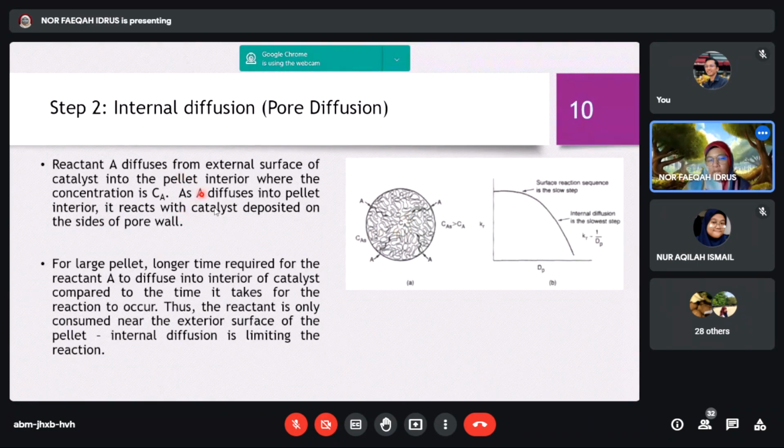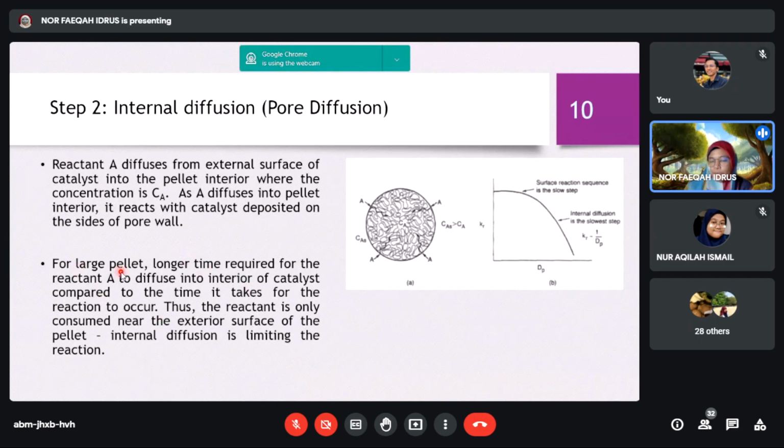Okay. As reactant A diffuses into the pellet interior, it reacts with catalyst deposited on the side of the pore wall. So the reaction will occur on the active site of catalyst at the interior. Okay, now we look at the effect of diameter of catalyst, ataupun size of catalyst.